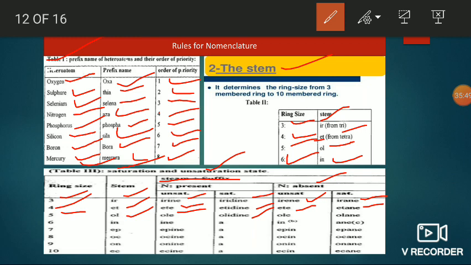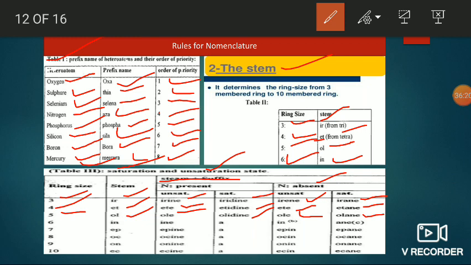Then if the compound is a five-membered ring and it doesn't have any nitrogen atom and it is unsaturated, then stem plus suffix for an unsaturated five-membered ring without nitrogen atom is "ole". If without nitrogen atom but it is saturated, it is "olane".